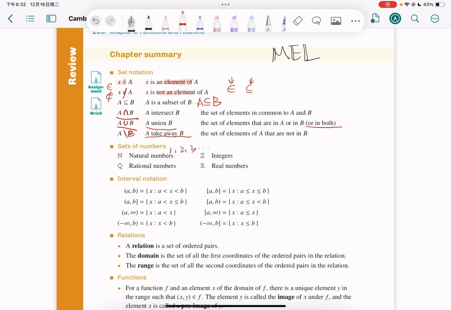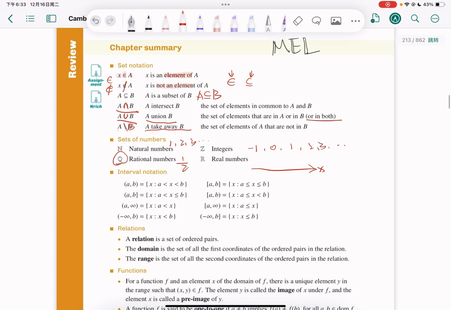And for integers, for example, we have -1, 0, 1, 2, 3, and that's called integers. Rational numbers are represented as Q, which is, for example, 1/2. That's rational numbers. And real numbers, which is basically whatever is on the x-axis.